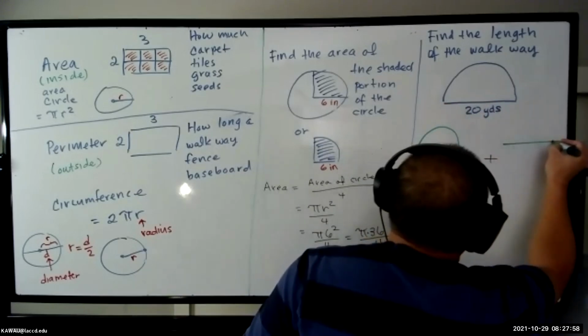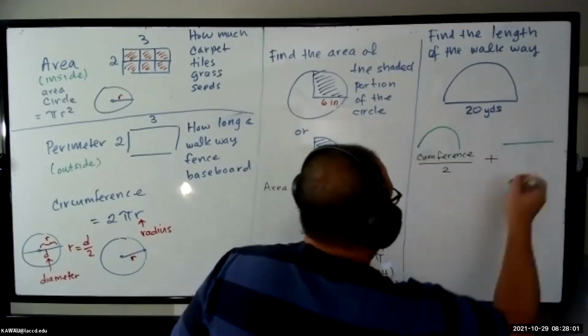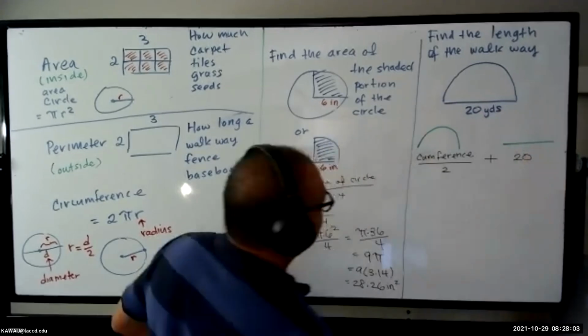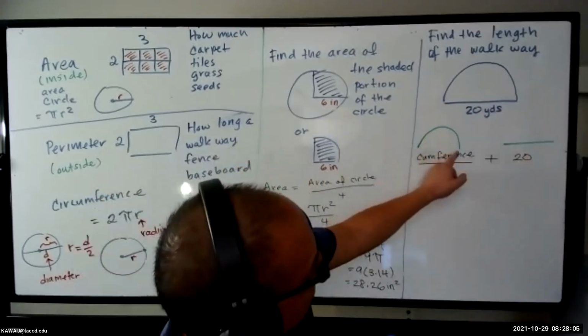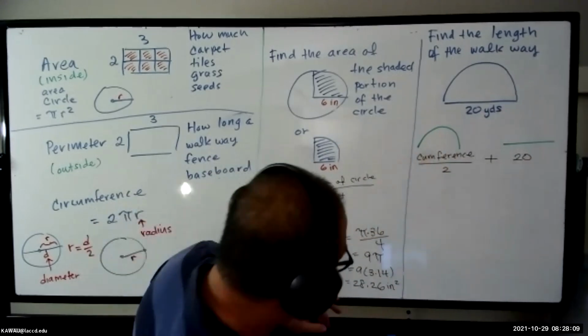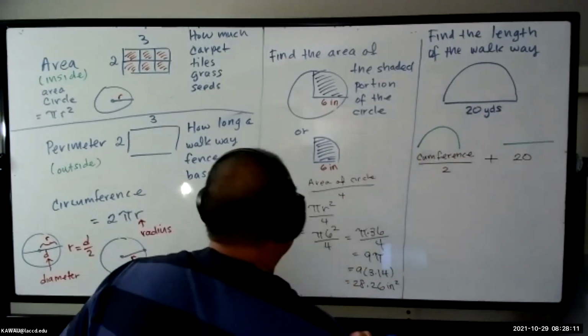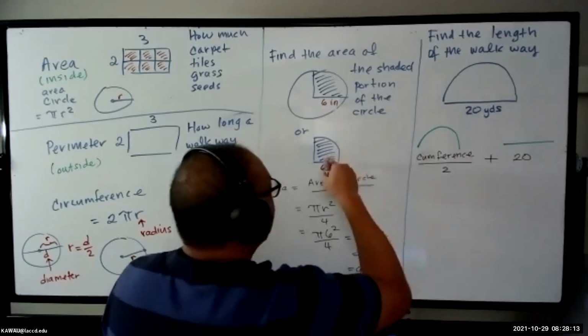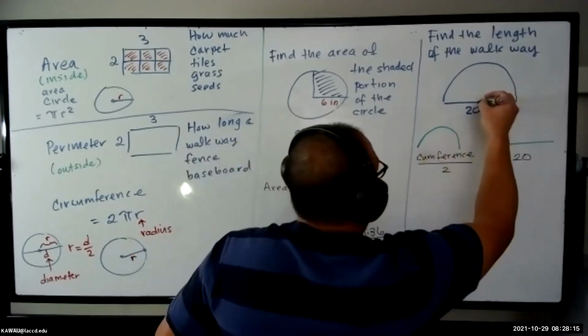See, when we do the circumference, it only gives us the circle part. It doesn't give us the line across. Now, remember that when we are computing circumference or area, we need to have the radius.